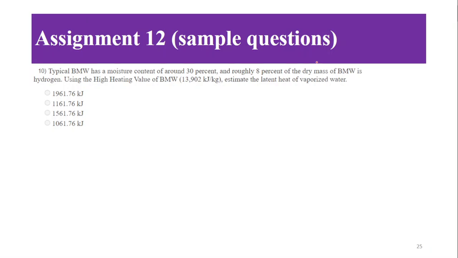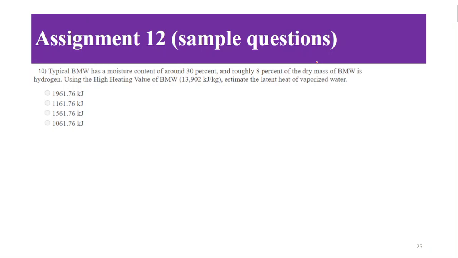As we are given different concentration of the contents in the BMW. So we are given roughly 30% is moisture content. So moisture will be 0.3 into 1, 0.3 kg. Then the dry mass, it is 1 minus 0.3, which will be 0.7. So 0.7 kg.